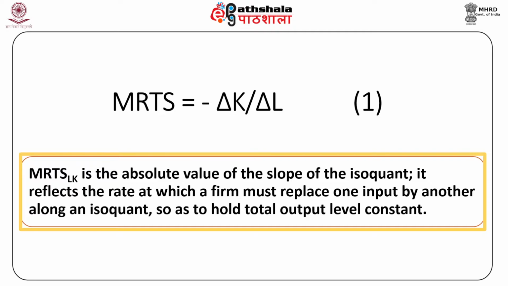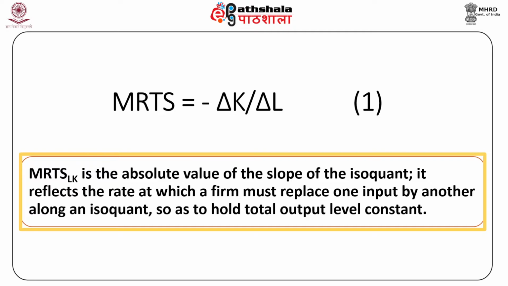So, a 1.5 unit increase in L will be needed to hold the output constant as K is reduced further by 1 unit. Therefore, now the MRTS will be equal to 1 by 1.5, which is equal to 0.66, showing that MRTS declines along an isoquant as labor increases and capital decreases.